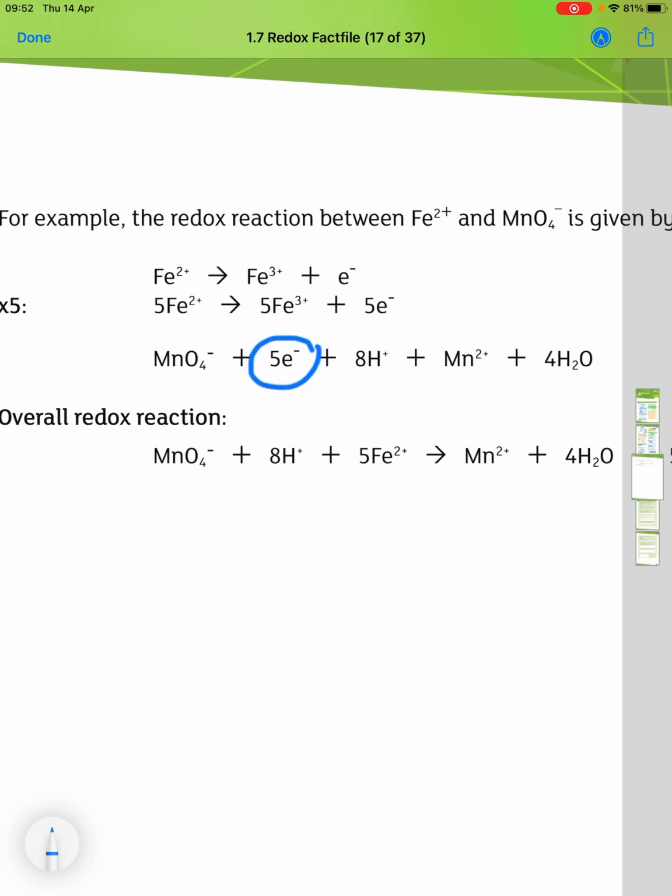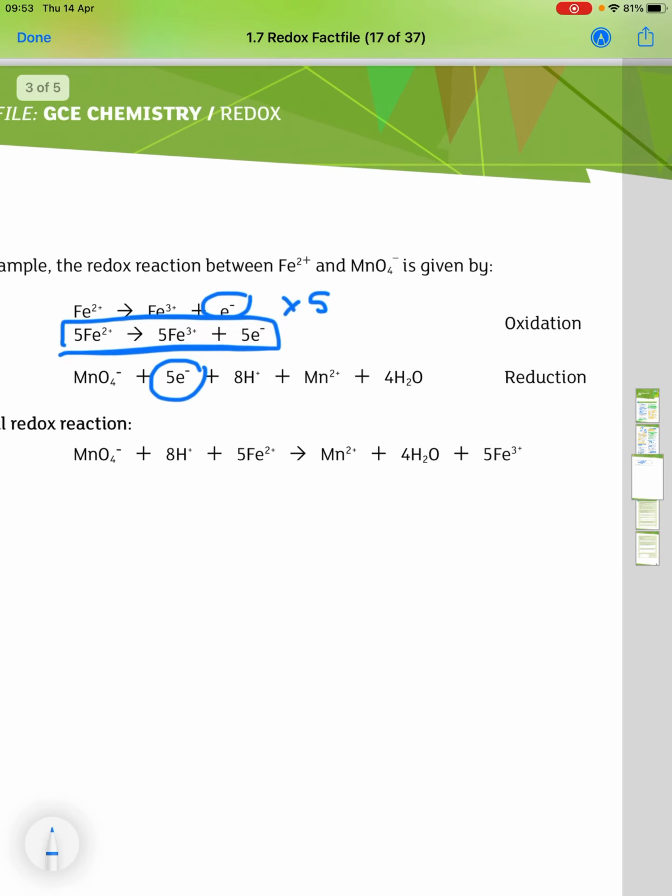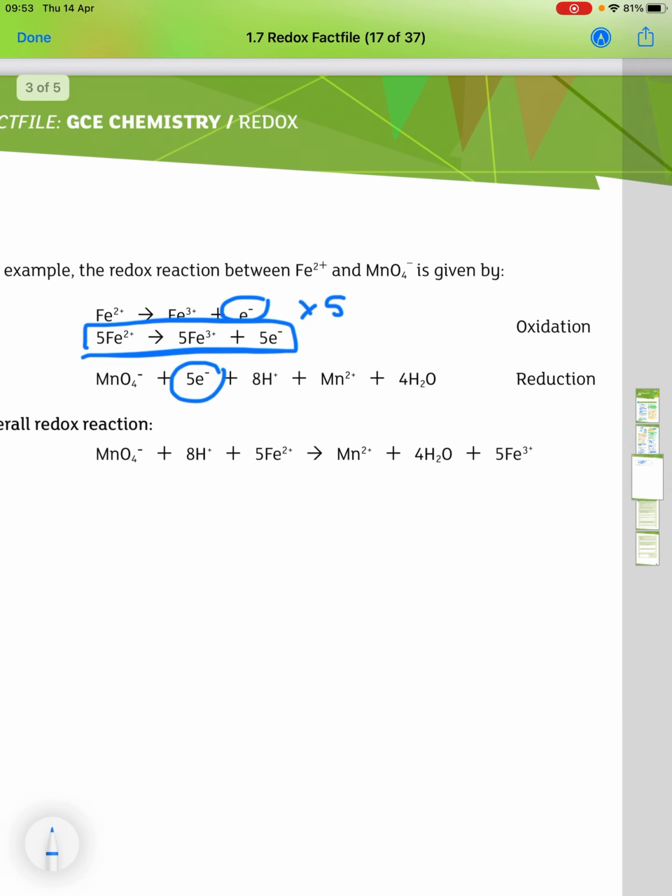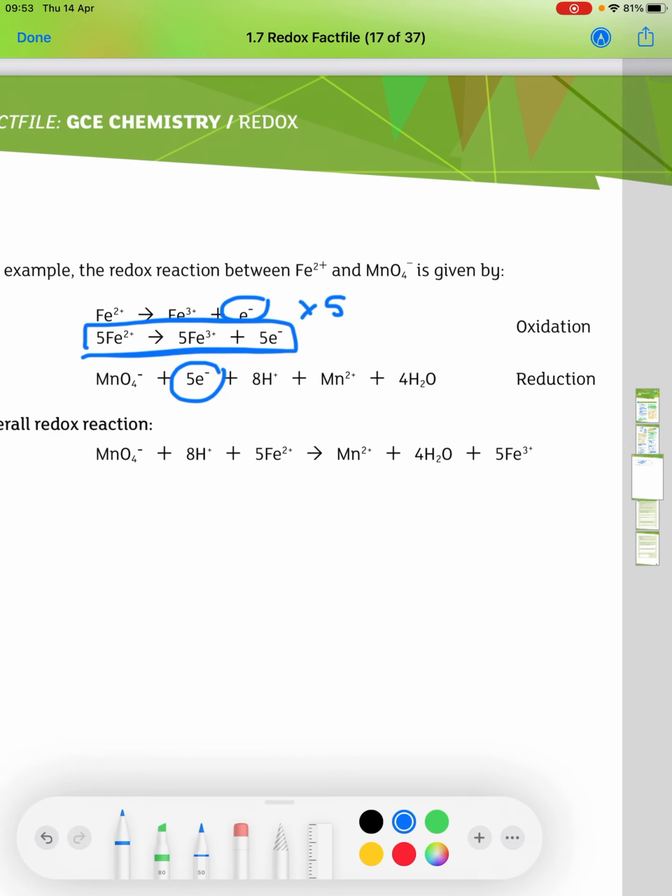Now because we have 5 electrons in this equation, we need to have 5 in this one. So we multiply it by 5, which gives us the second equation here, 5Fe2+ going to 5Fe3+ plus 5 electrons. And what we're doing is simply adding those two together and writing everything down below.